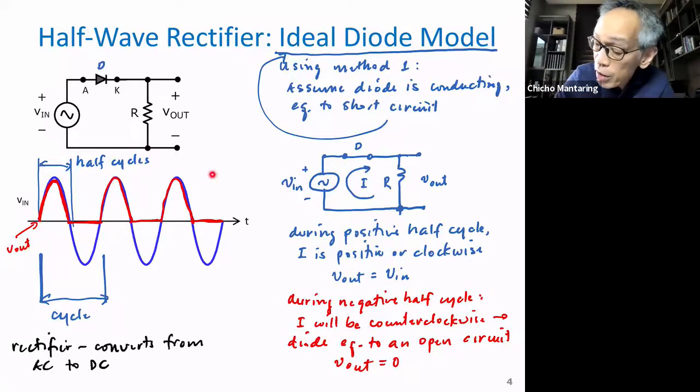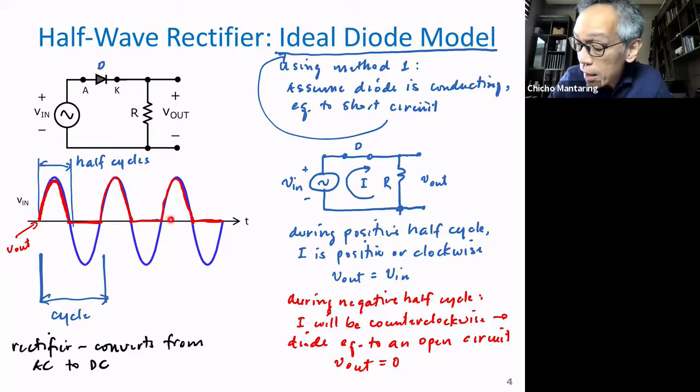Pag tinignan natin yung output, while nagbabago yung value ng V, hindi nagbabago yung polarity. The polarity always stays positive, no? That's why, theoretically speaking, this is already considered to be DC. Hindi na yan AC. It is not constant DC, but it is DC because the polarity of the voltage does not change.